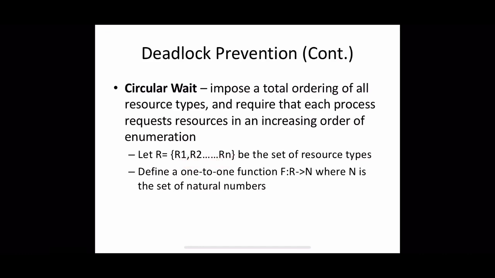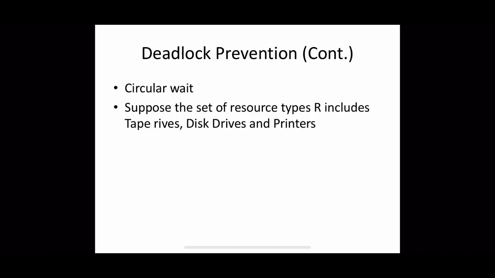We will define a function f from R to N, where N is the set of natural numbers. That is, we are assigning a unique natural number to each resource type. And we will impose a condition that a process can request resources only in an increasing order of enumeration.